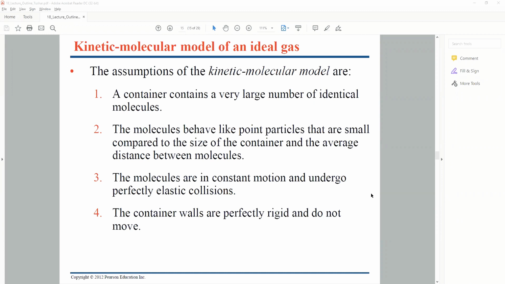So in the kinetic molecular model, there is a direct relation to the difference in the movement of each molecule, depending on the other molecules that interact around them. So use the assumptions to check if a certain molecule is valid for a kinetic molecular model.